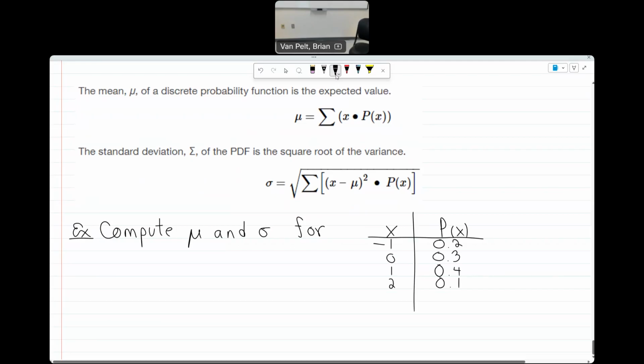So here's a probability distribution I'm giving you. These are the formulas you want to use. And that first one, the mean there, is exactly the same as the expected value. They are the same concept.